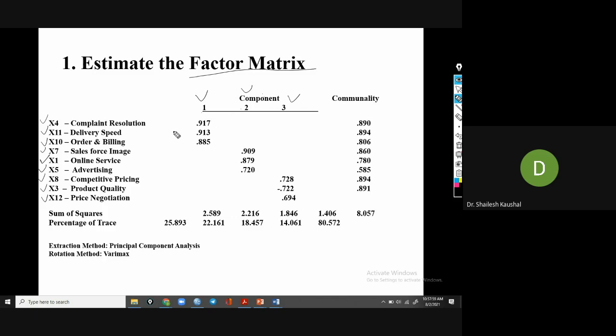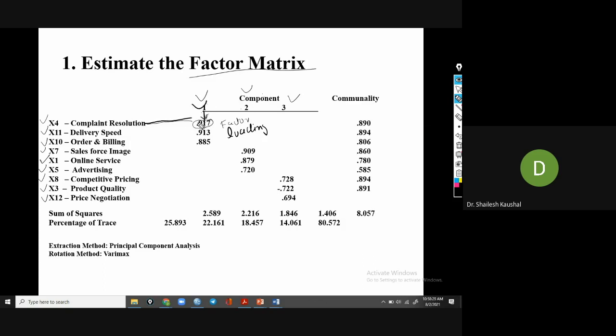In a factor matrix, each variable is related to factor 1. The technical term for this is factor loading. Factor loading is nothing but the correlation of this variable with factor 1.